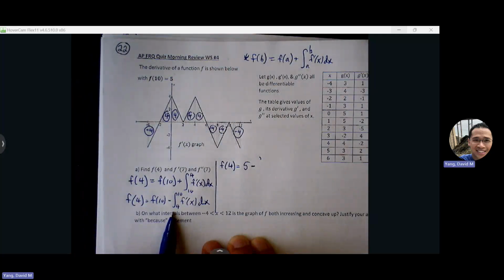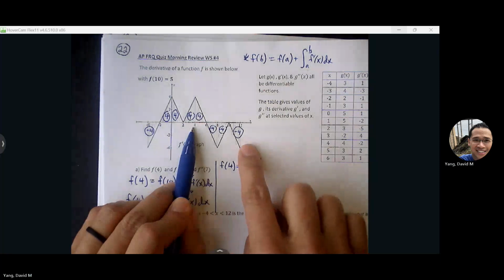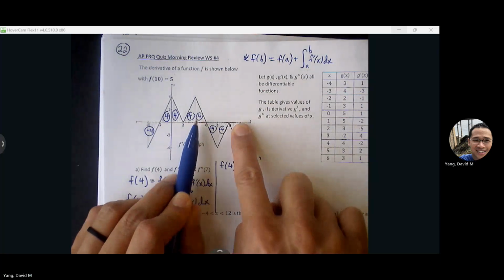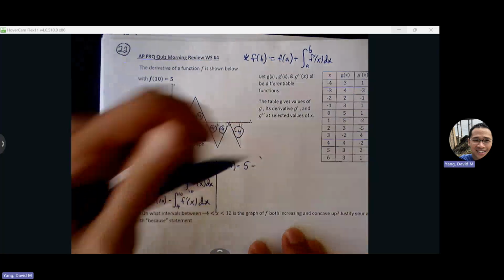Okay, I want to combine the regions from 4 to 10. So 4 minus 4 minus 4.